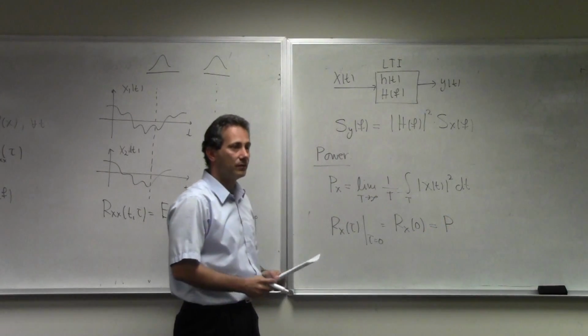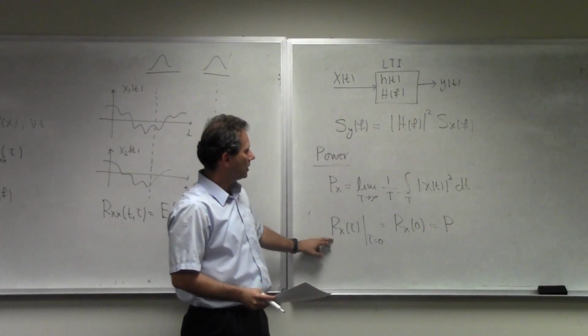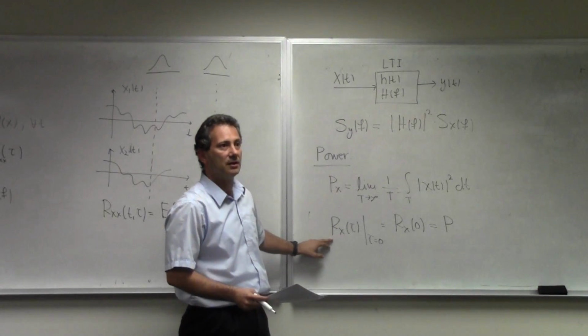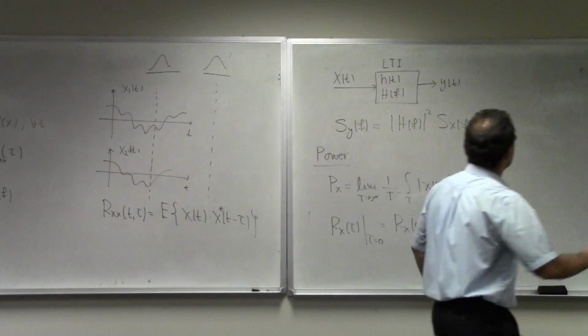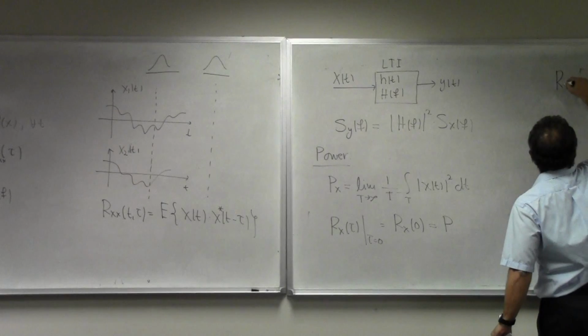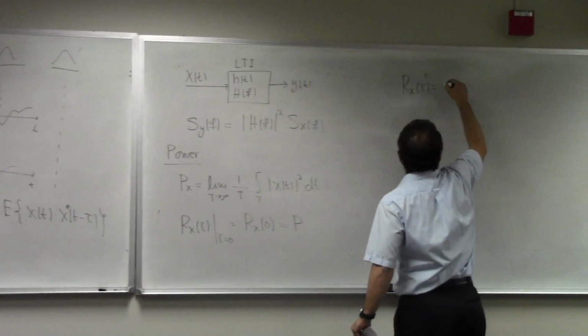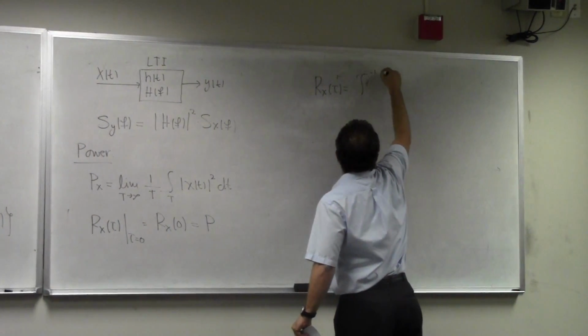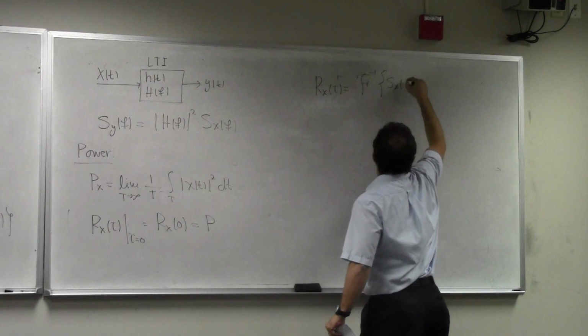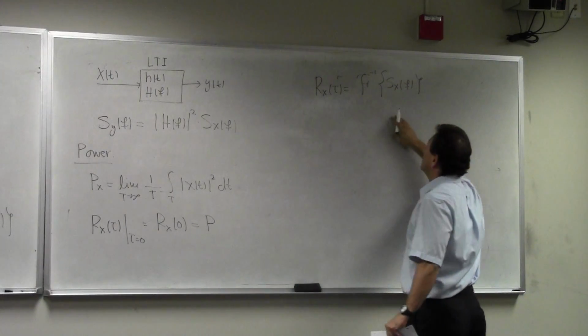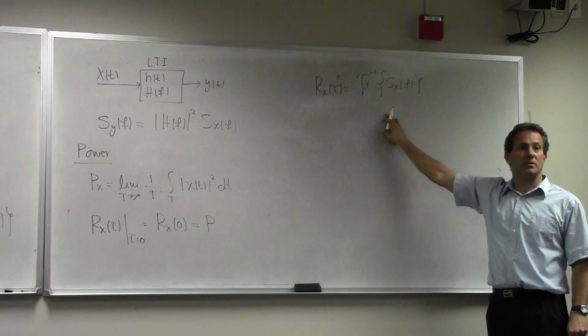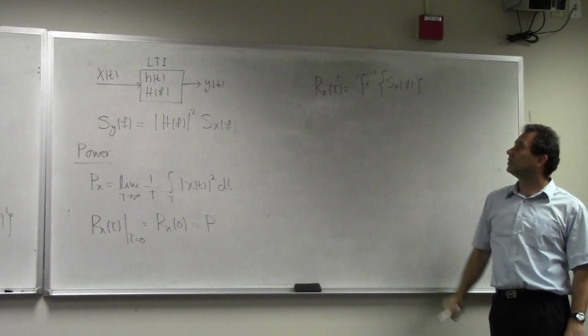The value of the autocorrelation function for the 0 lag is the power too. But we also know this. Rx(tau) is equal to inverse Fourier transform of Sx(f). Where is this coming from? From our Wiener-Khinchin theorem. Remember, that was the central theorem we quoted last time.